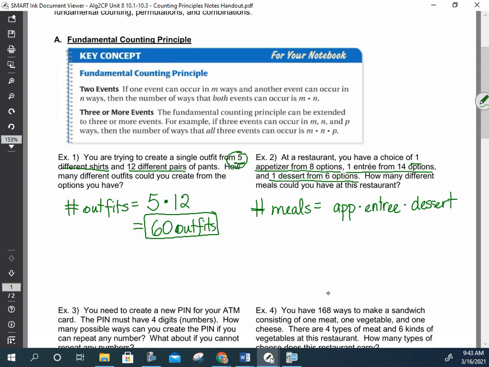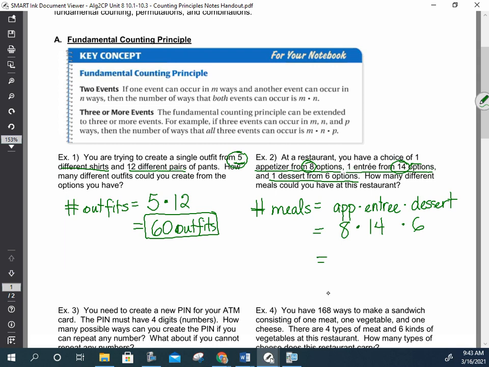So your appetizers, you have 8 different options. Your entrees, you have 14 different options. Your desserts, you have 6 different options. So how many total meals could you make?